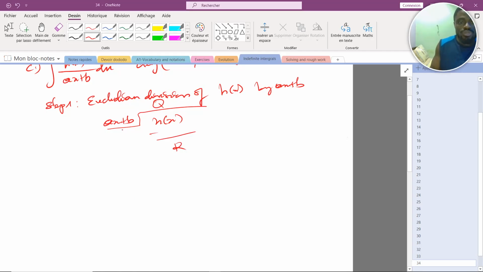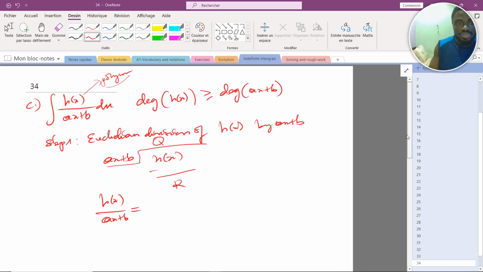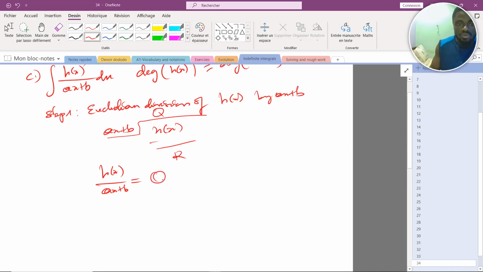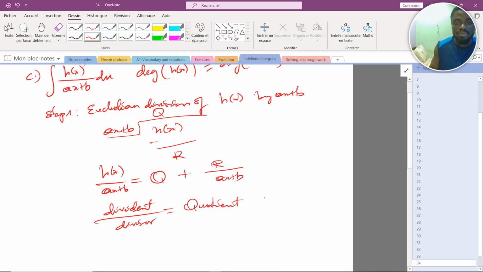So after doing this division, you write back this h(x) over (ax + b). It will be equal to the quotient plus the remainder all over (ax + b). So the general form is: what is inside here is called the dividend. The dividend divided by the divisor must always be equal to the quotient plus the remainder all over the divisor.